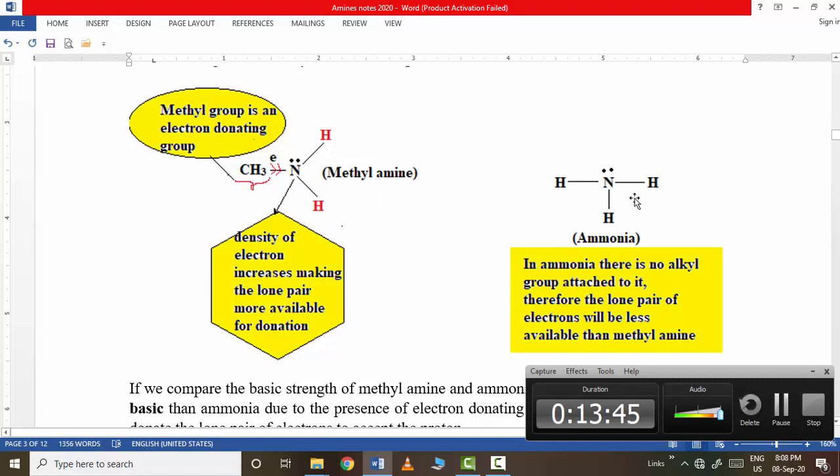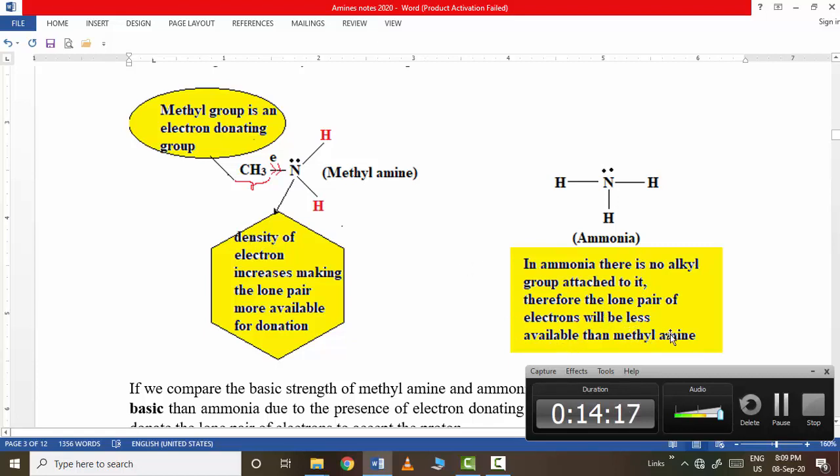And then if you look at ammonia, all three hydrogens are present, no alkyl group, no electronegative element attached to it. So this lone pair of electrons is donated without the help of an electron donating group. In ammonia there is no alkyl group attached; it has all three hydrogens. Therefore, compared with methylamine, the lone pair of electrons will be less available.